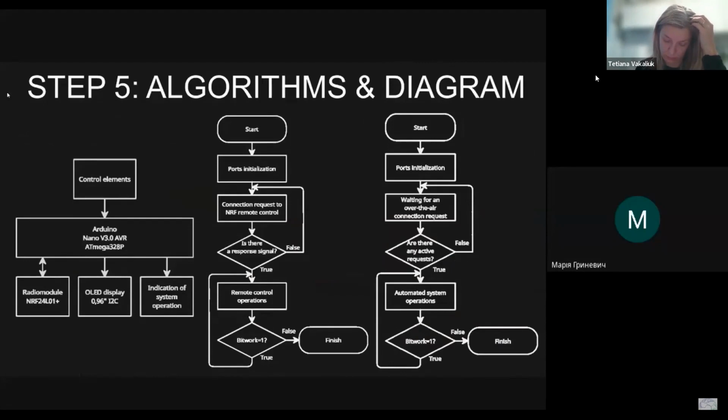The control panel receives and transmits data via the NRF radio module. The received sensor data from the radio module are processed by the control board and displayed on the OLED display of the control panel. According to the system algorithm, the controller ports are configured and the input data is zeroed.